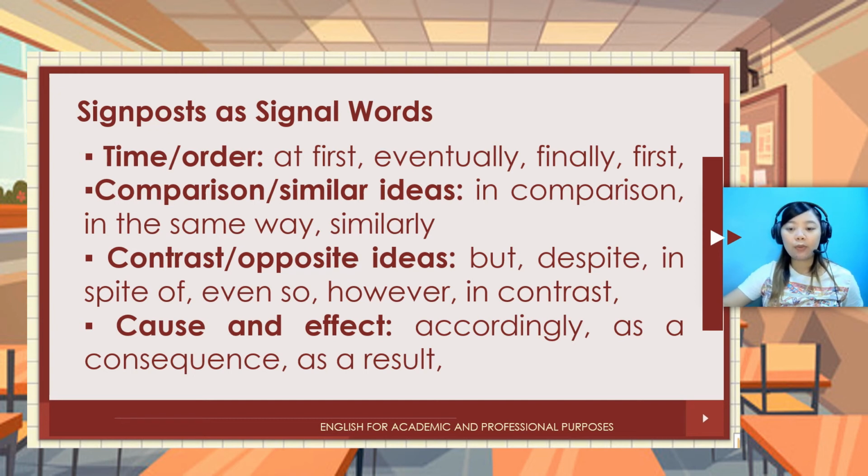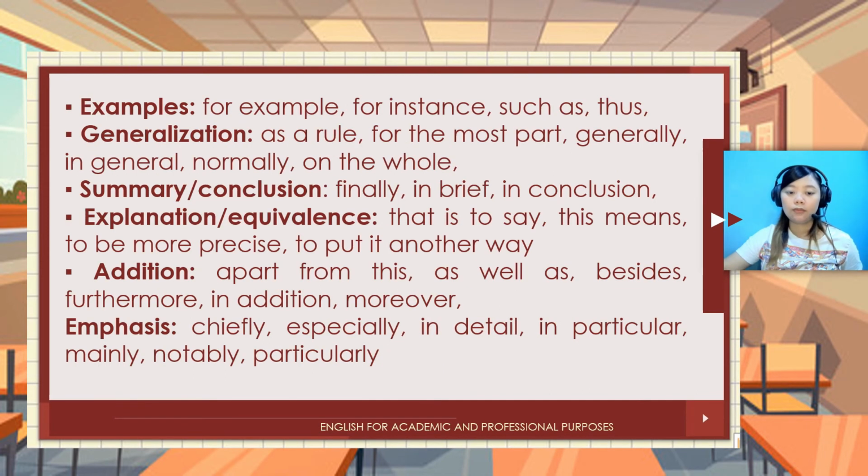For cause and effect, we have accordingly, as a consequence, and as a result. To give examples, we use for example, for instance, such as, thus. To generalize an idea or statement, we have as a rule, for the most part, generally, in general, normally, on the whole. For summary or conclusion, we have finally, in brief, in conclusion.